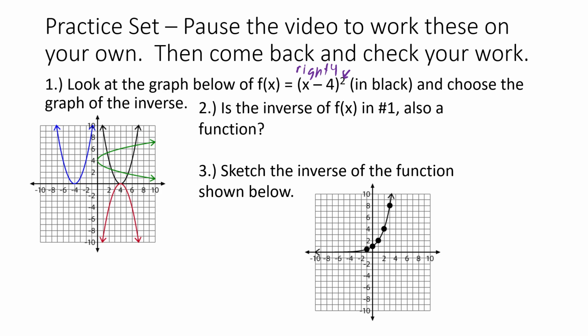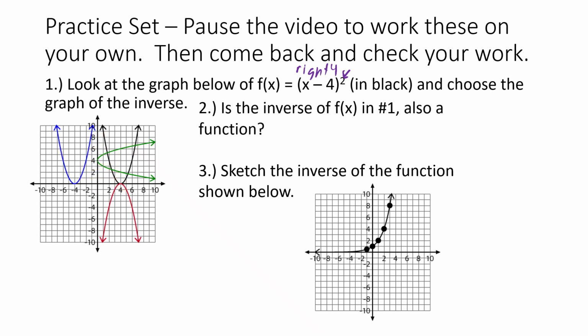This point is mirrored here, and the vertex is mirrored. When you connect the corresponding points, the lines are all horizontal, so the mirror line would be in the middle. Well, that is a reflection, but it's a reflection over the wrong line. It's not a reflection over the line y equals x, so not the blue one.